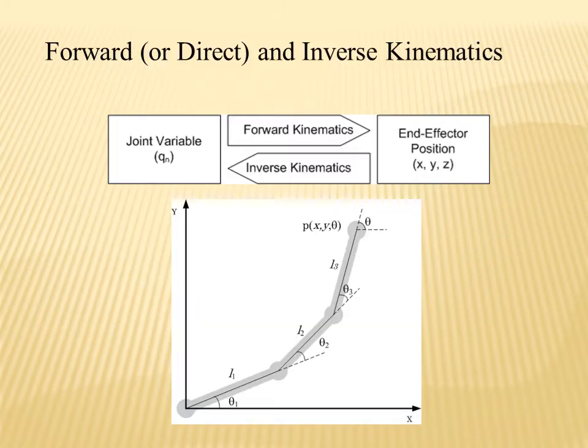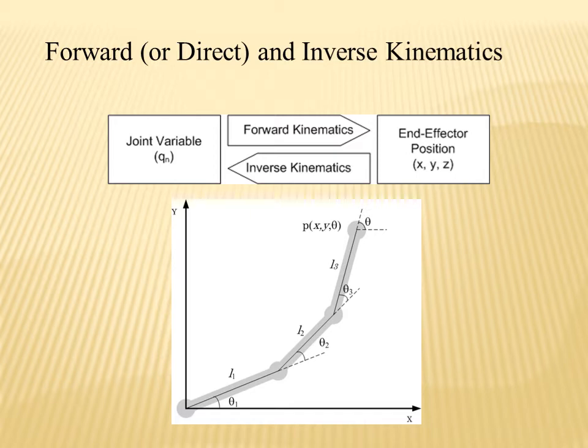Okay, so here basically we have to divide kinematics into two parts, mainly forward or direct kinematics, and second is inverse kinematics. Let us try to understand the difference between forward kinematics and inverse kinematics.